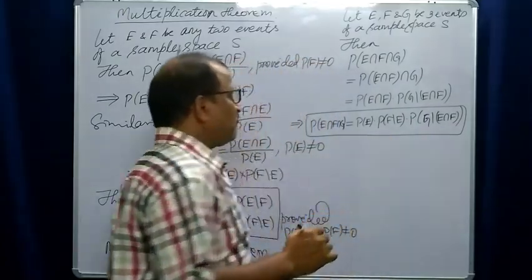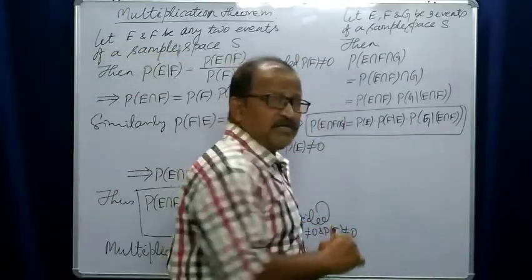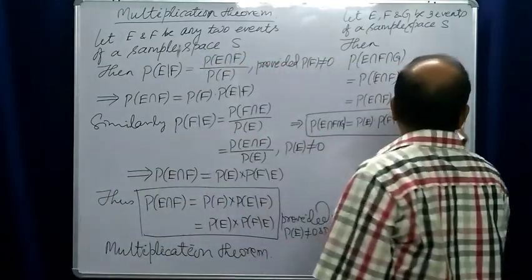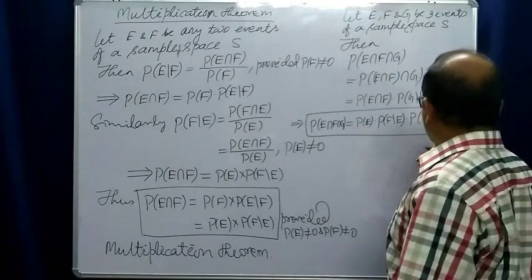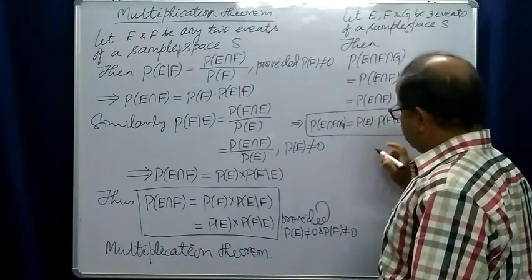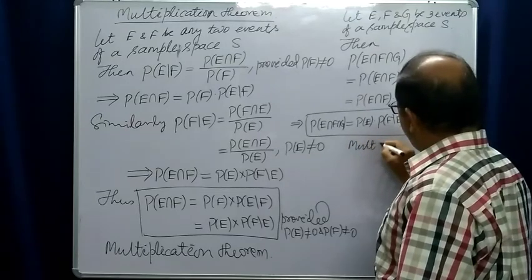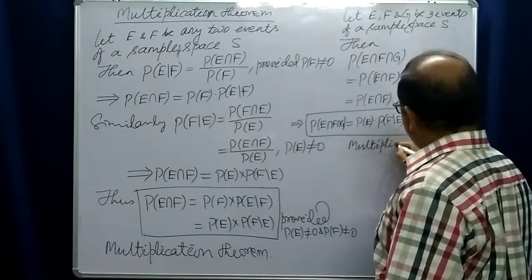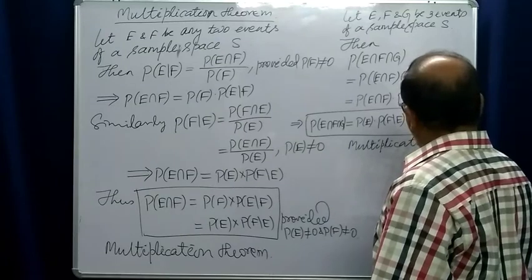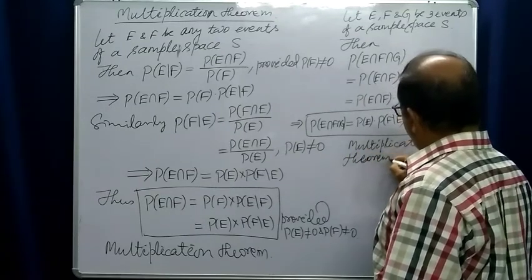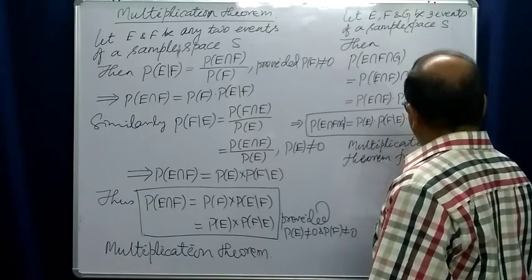This is the multiplication rule or multiplication theorem for three events, provided probability of E intersection F is not 0.